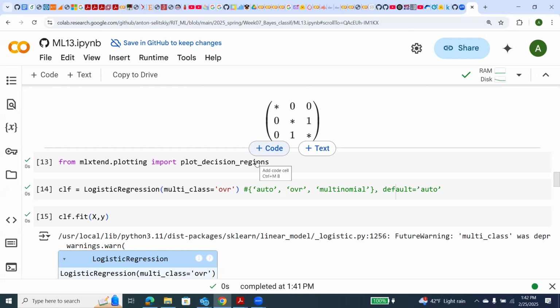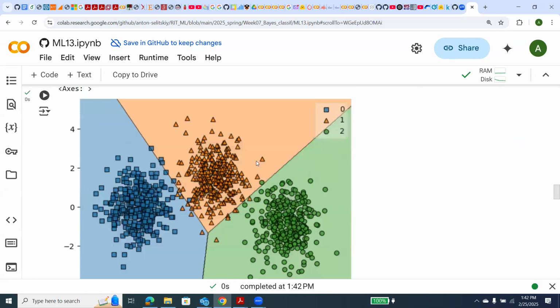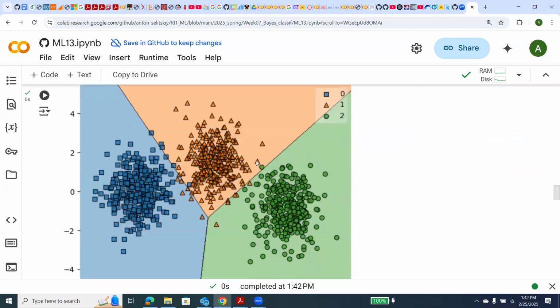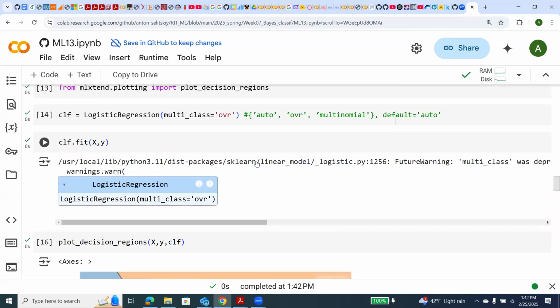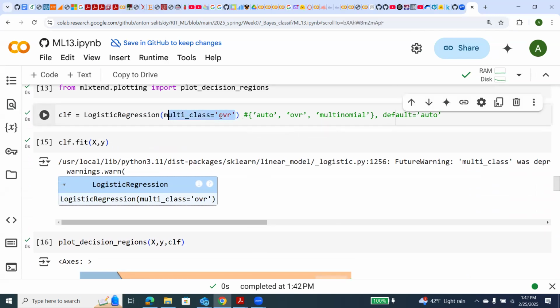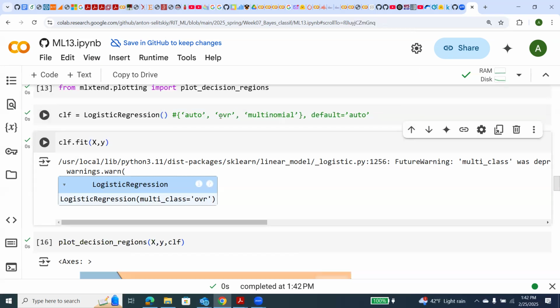Auto, I don't remember which is auto by default. Let's try. So if we use the one versus rest, one versus all, the decision boundary looks like this. If we use, I hope default is the multinomial. Let's see.